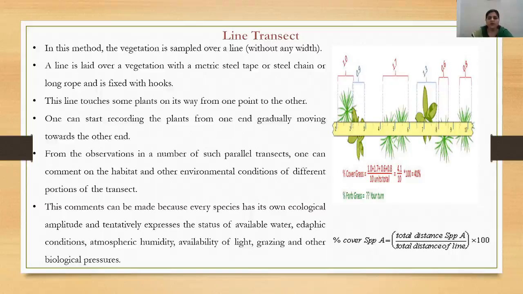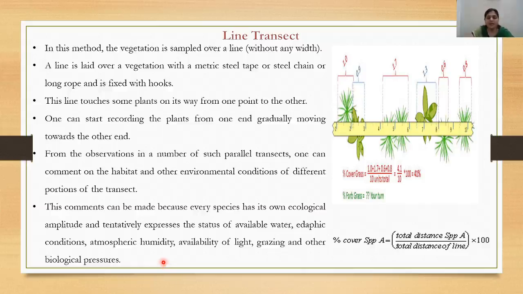In this method, the vegetation is sampled over a line without considering the width. So it is just a single line which is considered for the sampling.